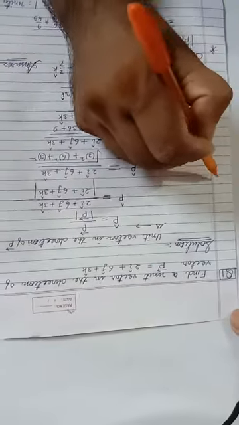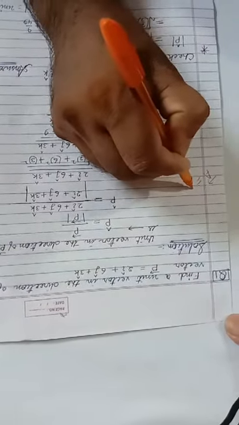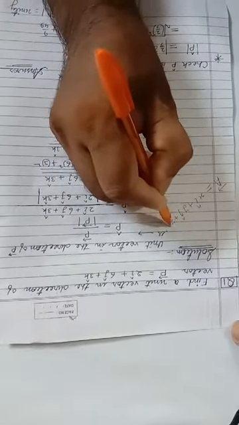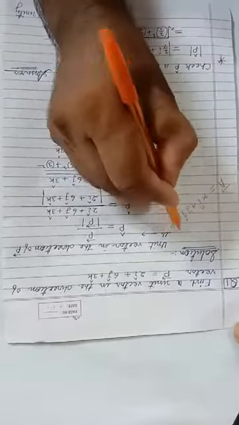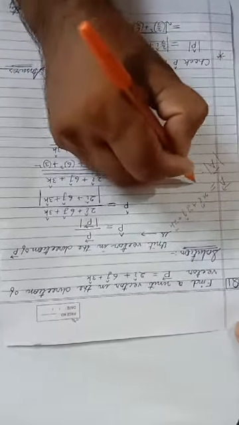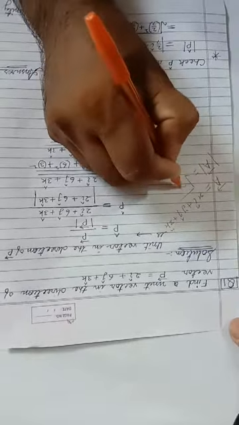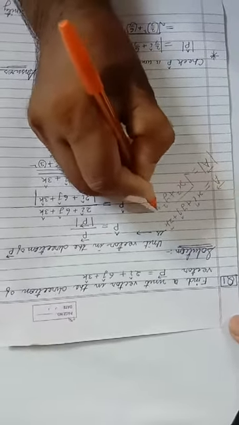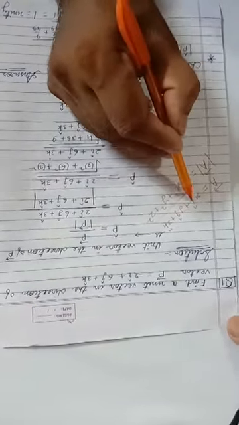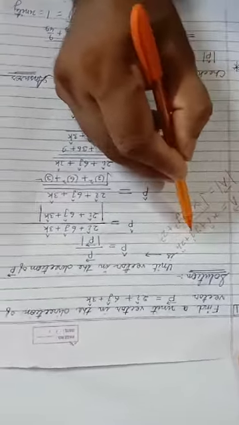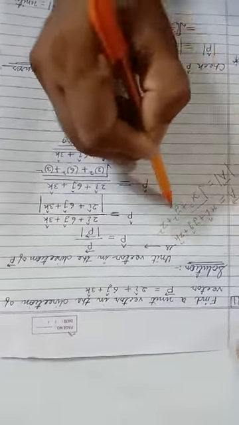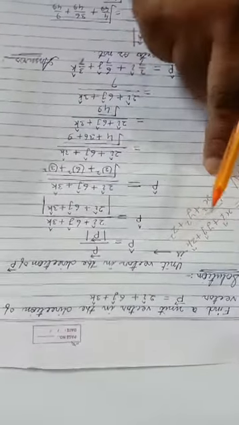Suppose a vector a is given as xi cap plus yj cap plus zk cap. Then the magnitude of vector a is equal to under root x square plus y square plus z square. That is, we take the coefficient of i, that is x, the coefficient of j, y, and the coefficient of k, z. In this way we will find the magnitude of a given vector.